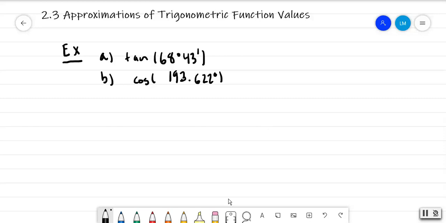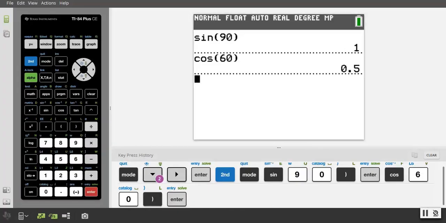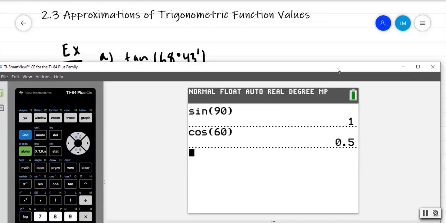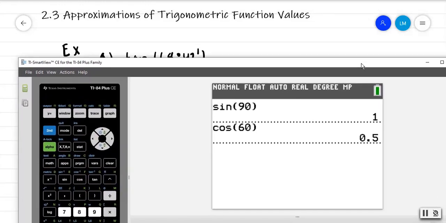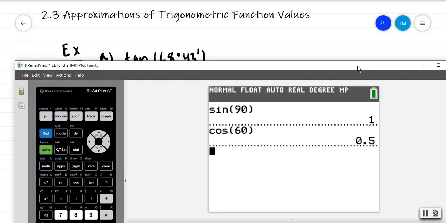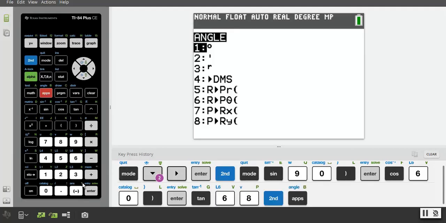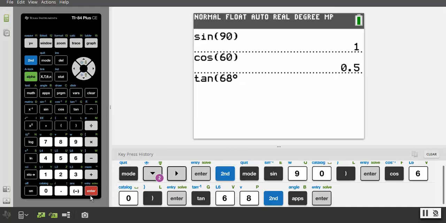Now, these we're going to go ahead and go to the calculator. Let's go ahead and say tangent. We're just going to write 68, but then we're going to go to second apps, and type in the degree.